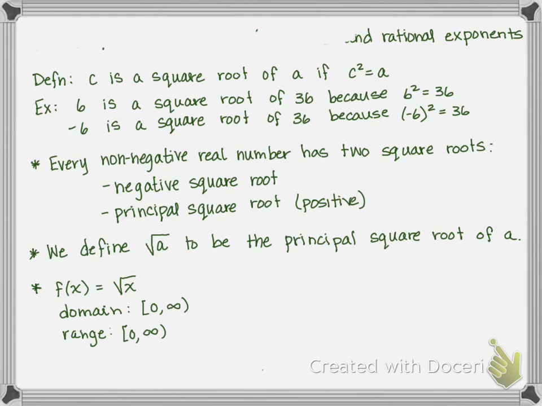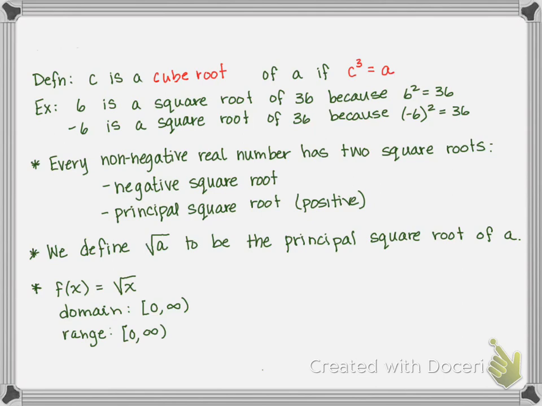I'll give you guys time to write, but I'm just going to erase, make sure I get everything. So we say that c is a cube root of a if c to the third is equal to a.